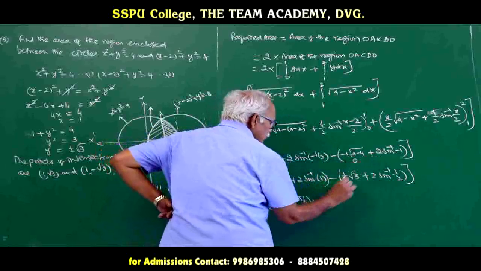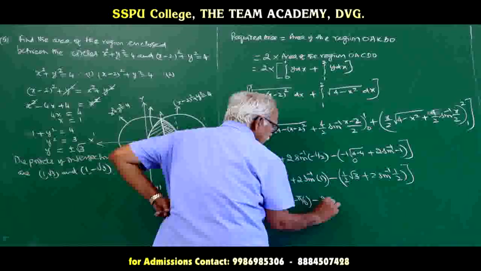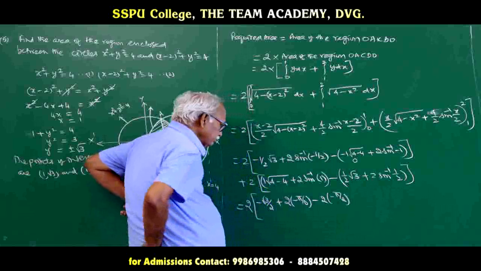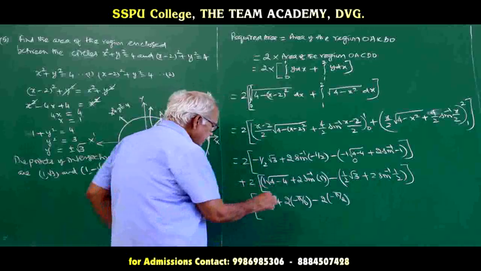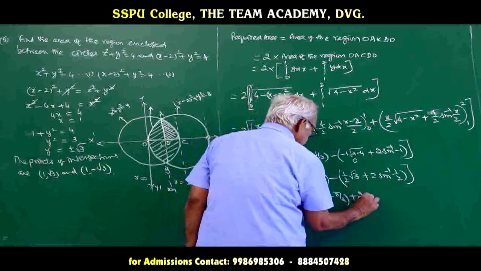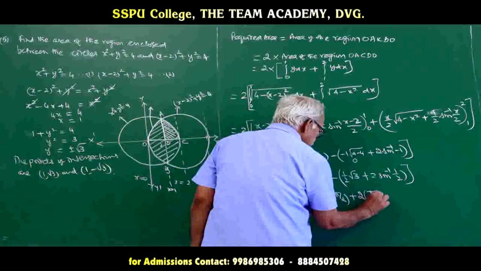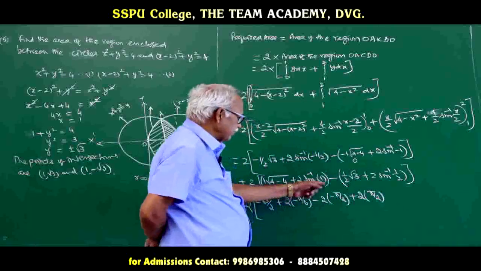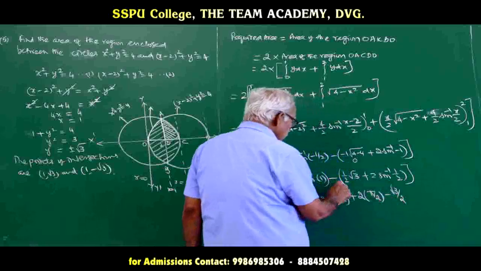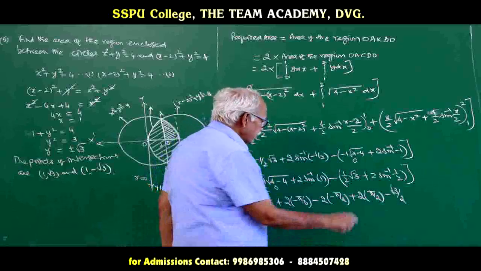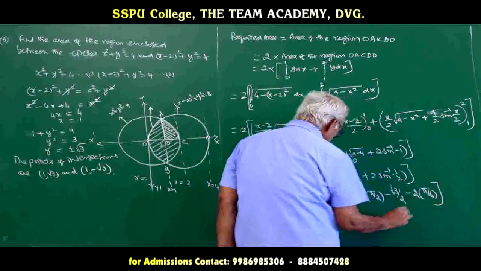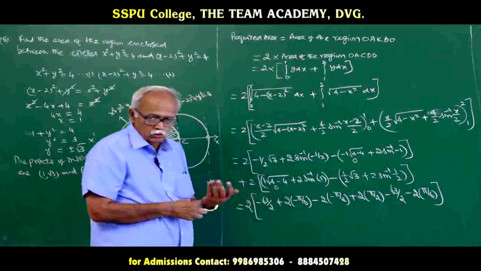So, minus 2 into sin inverse of minus 1; sin inverse of minus 1 is minus pi by 2. Then here again we are getting 0, then what we are getting here is 2 into pi by 2, 2 into sin inverse of 1. Then we get minus root 3 by 2, and then minus 2 into pi by 6. So, for all these things we are multiplying by 2.